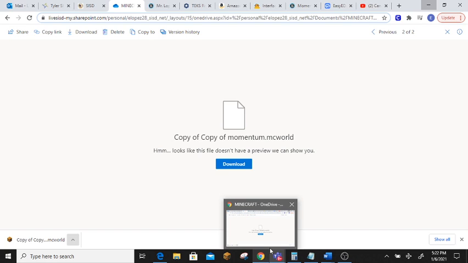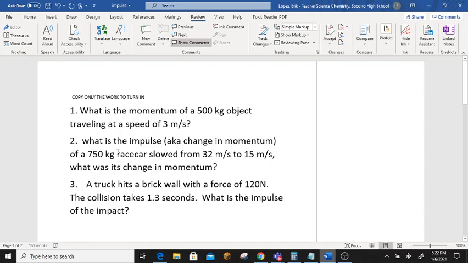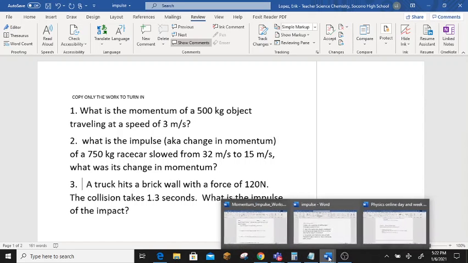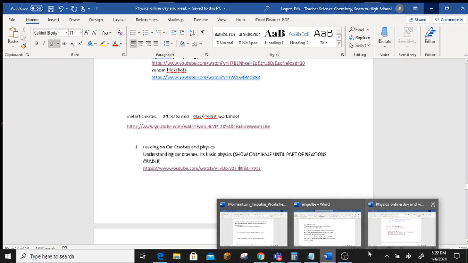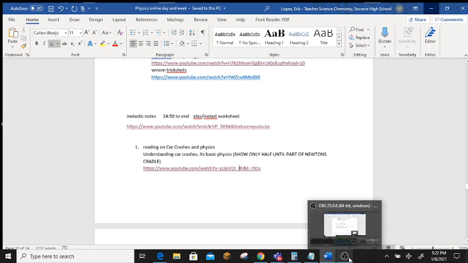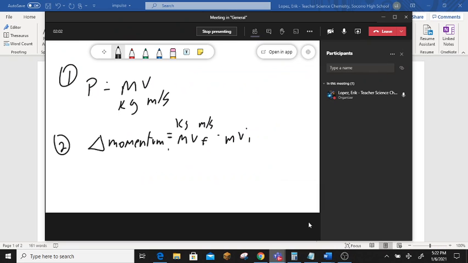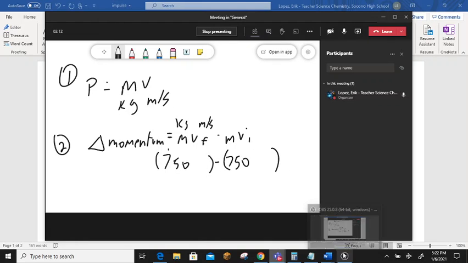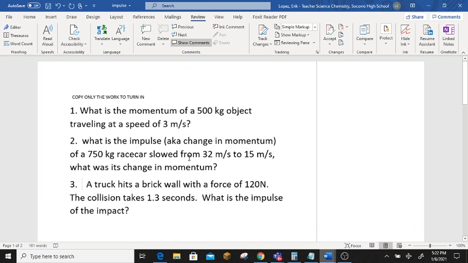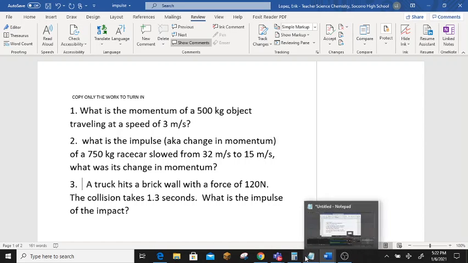So if we take a look at that example, they're giving us a mass, 750, which we're going to plug in to both masses. And the first velocity they give us is 32 and 15.